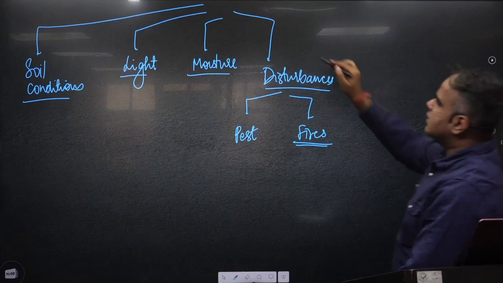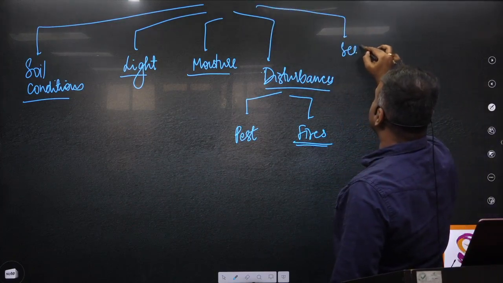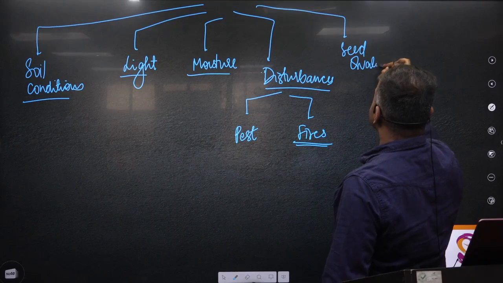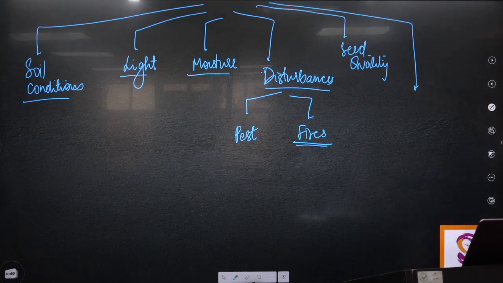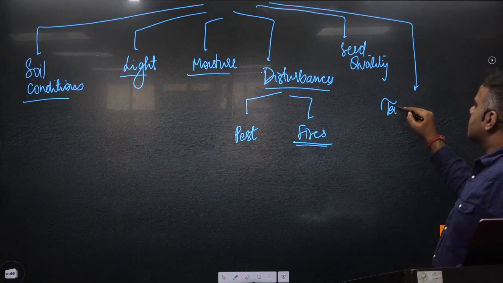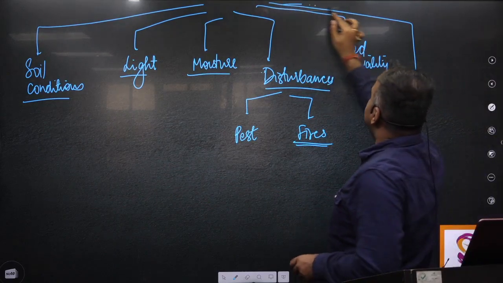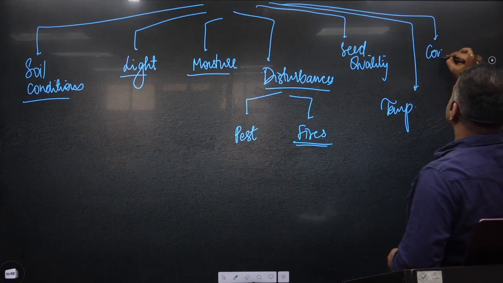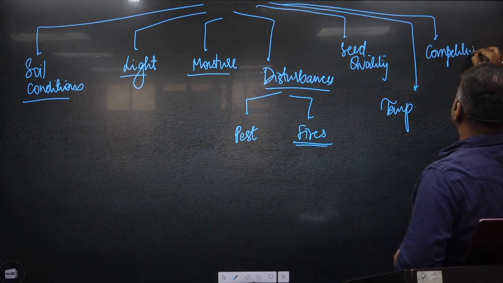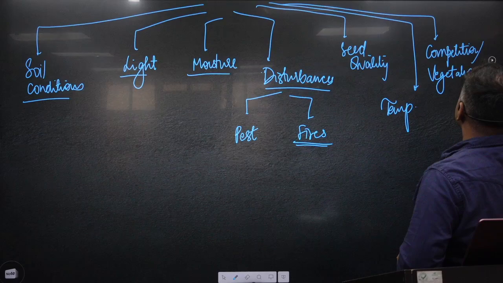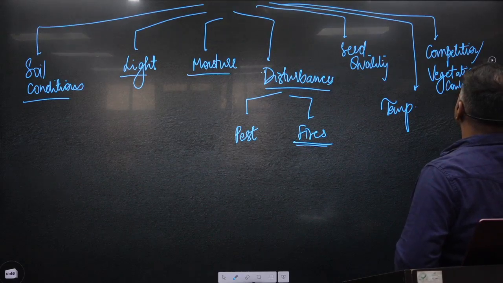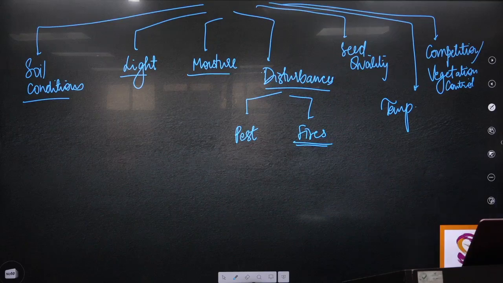Okay, then a very important factor here will be the quality of seed. Okay, additionally we can also talk about temperature. Okay, we can talk about how much competition is there, which can be one of the biotic reasons also. Overall, how is the vegetation being controlled? Okay, so this is also something we can talk about.